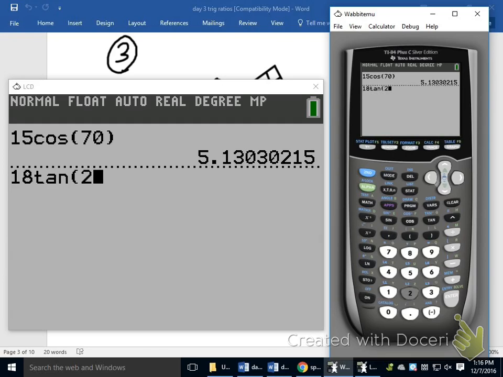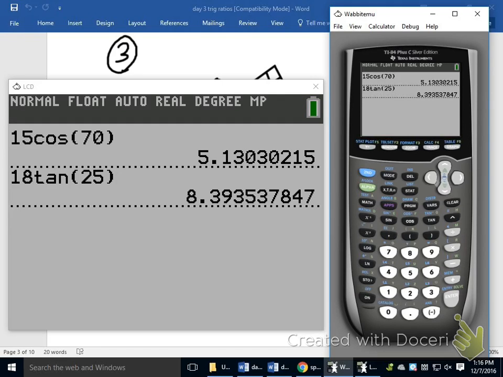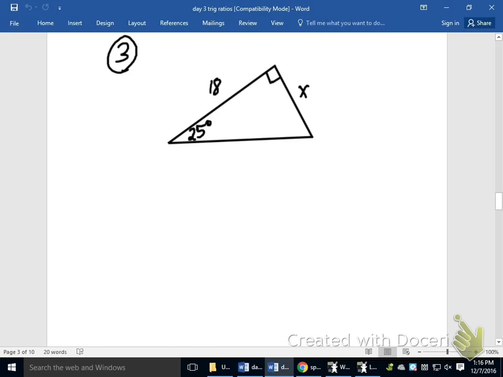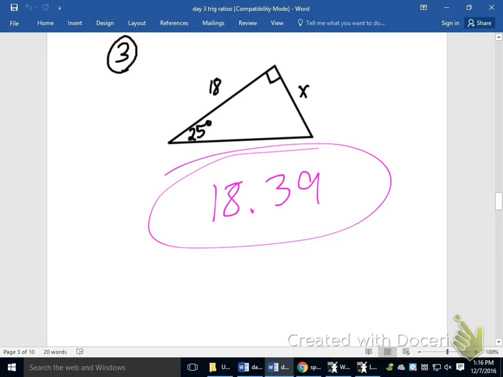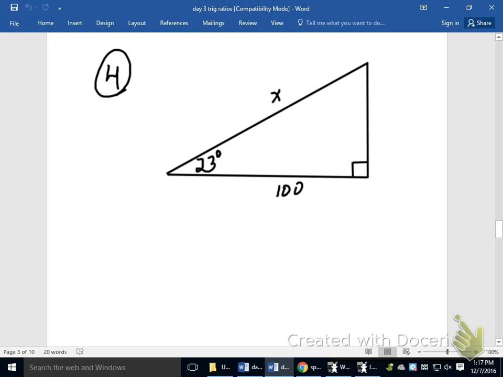If I don't hit the times key, it automatically multiplies. So 8.39 is my answer to the nearest hundredth. And that's really typical for you to answer to the nearest hundredth on these. Hopefully you're getting a feel for how these go.